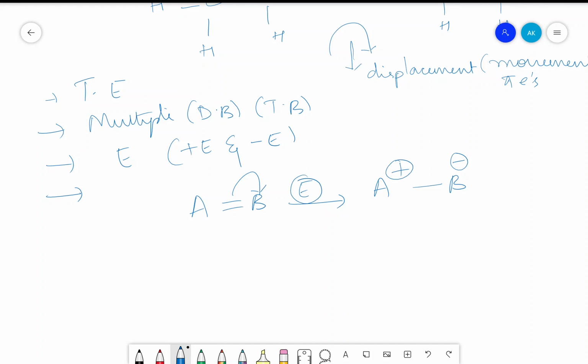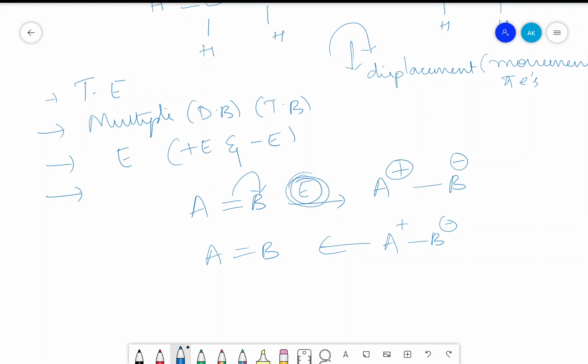When I remove this E, that is the reagent or attacking reagent, this reaction can be reversed. That means A positive, B minus once again become A double bond B when you remove this E. So it is represented in this way.